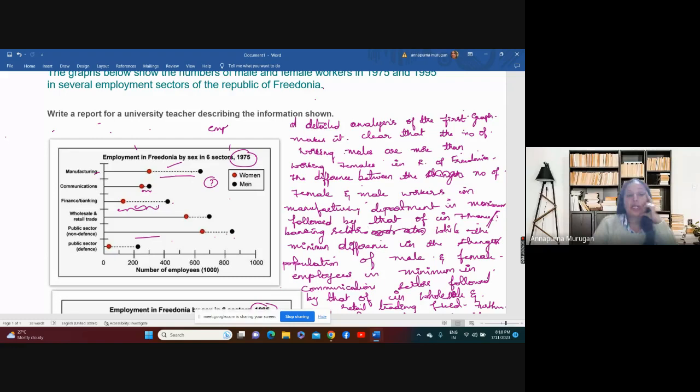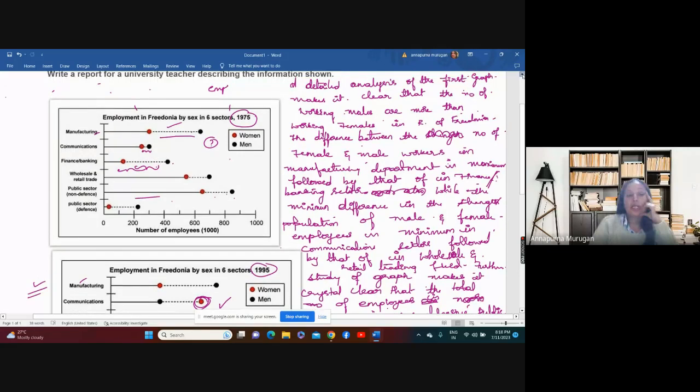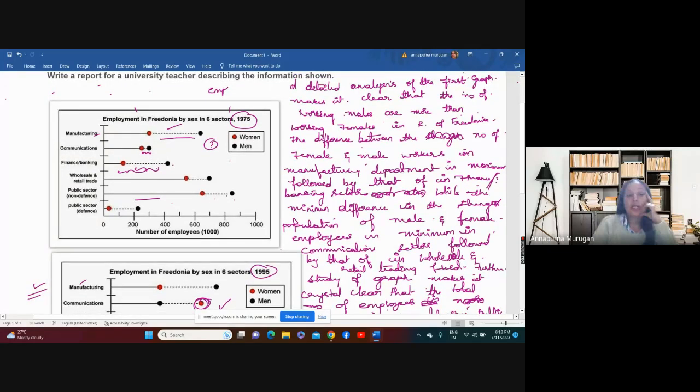Guys, once you go through this paragraph, kindly have a look at it. Tell me whether we used the numbers anywhere. Just go through it, then I'll have a discussion with you.